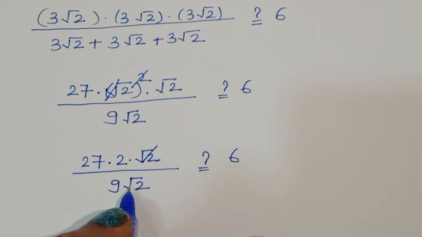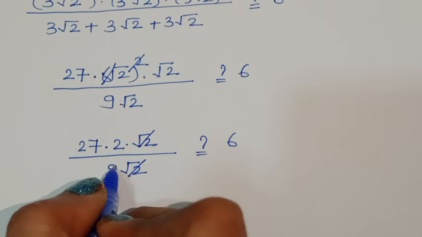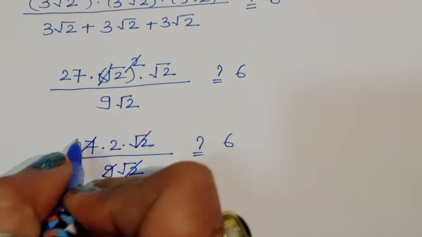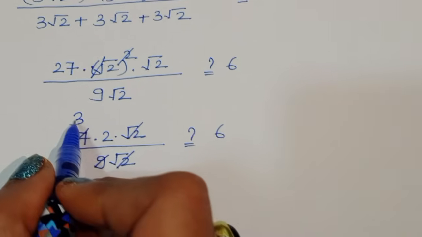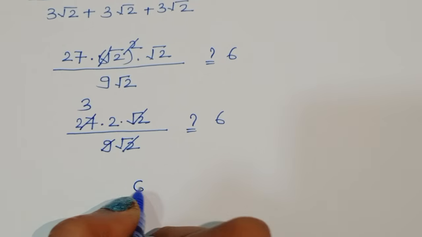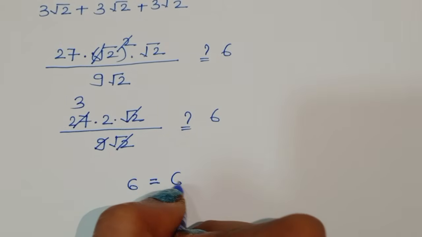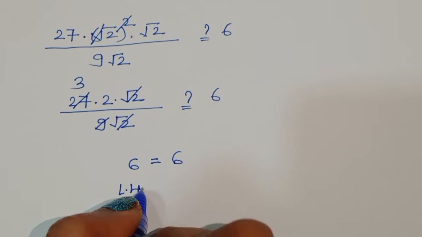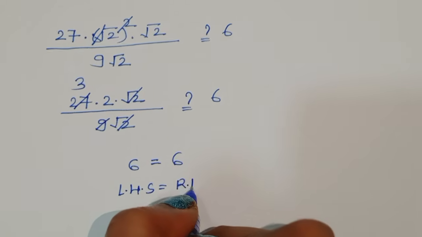Now square root of 2 cancels with square root of 2. 9 3s are 27, so 3 2s are 6, which is equal to 6. So we can say LHS is equal to RHS.